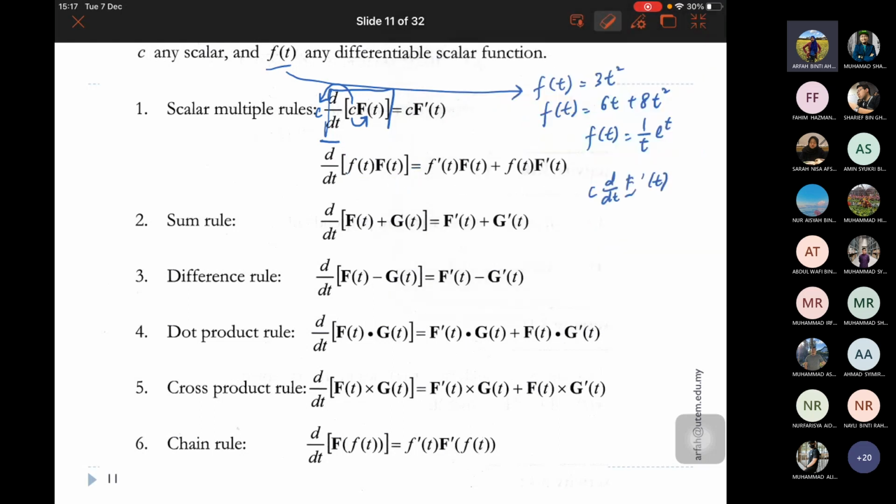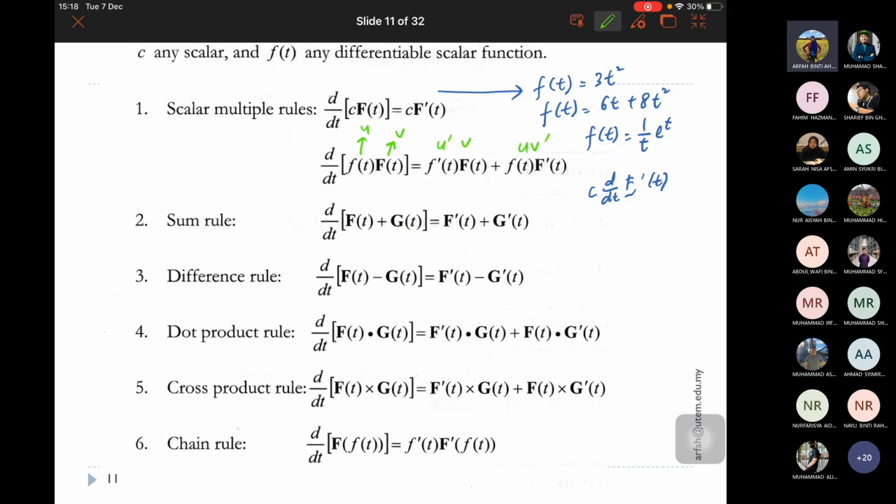Cuma kalau yang this one, sebenarnya dia menggunakan rule that is taking this one as your U and this one as your V. So sebab dia hasil darab, dia akan jadi U prime darab V, tambah U V prime. Okay. So itulah dia punya rule. Dia sama juga dengan scalar rule untuk derivative. Cuma this one dia expand into the vector function.